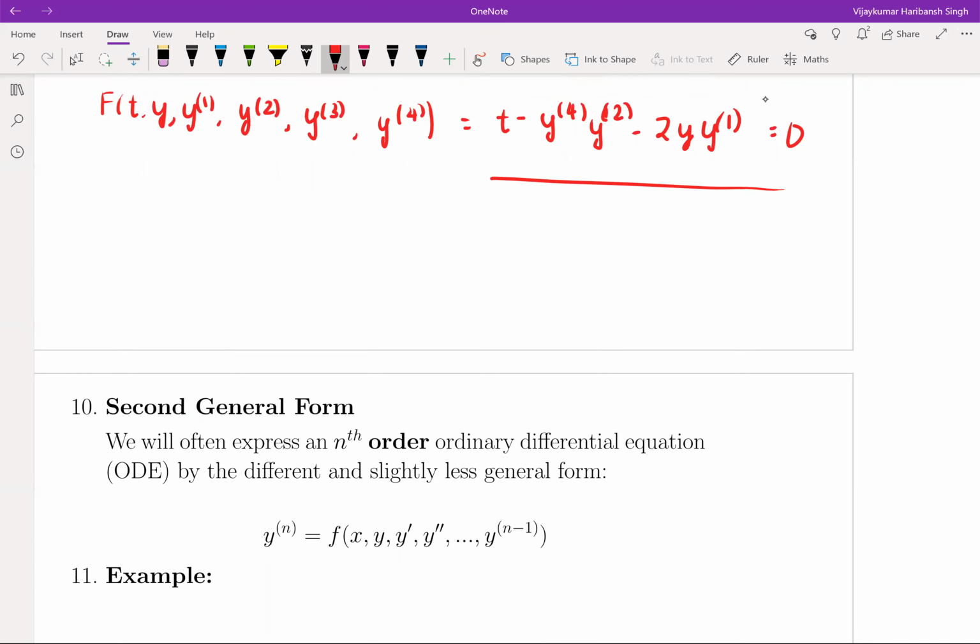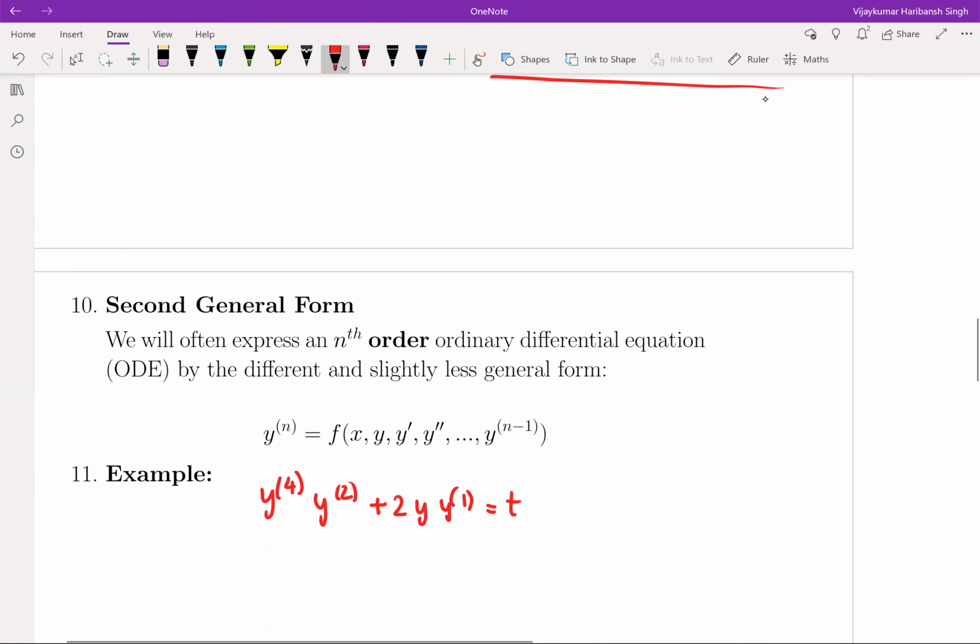I can basically say my fourth derivative of y plus second derivative plus 2y y1 equals t. Now I want to isolate the highest order term.